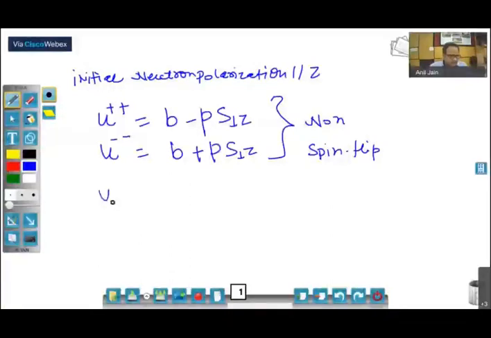Another two elements are plus minus, which means you have the up spin beam and after scattering it becomes down spin.